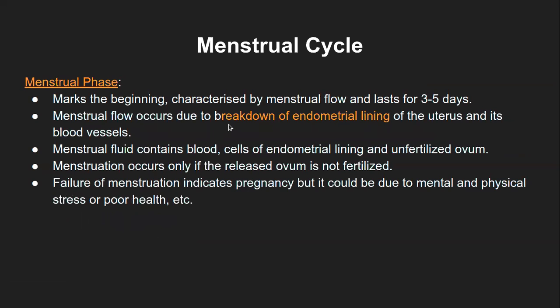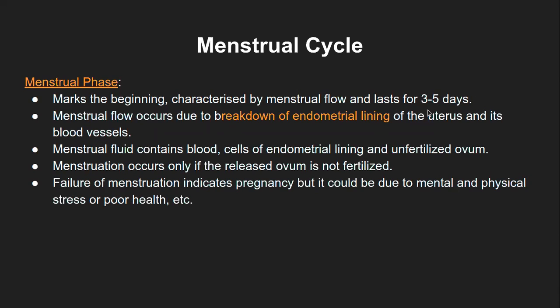Now, looking at the first phase, it marks the beginning and it is characterized by the menstrual flow. If we want to consider the follicular phase as the first, then this won't be the beginning, of course. But in general biological consensus, we consider this as the first phase, and it is characterized by the menstrual flow, which lasts for 3 to 5 days.